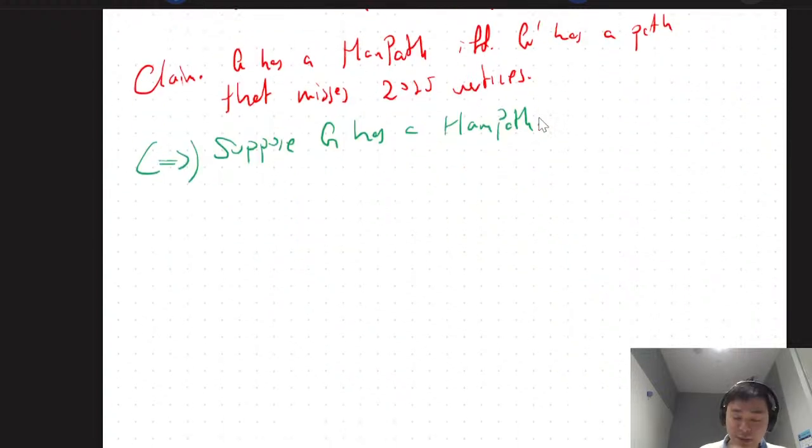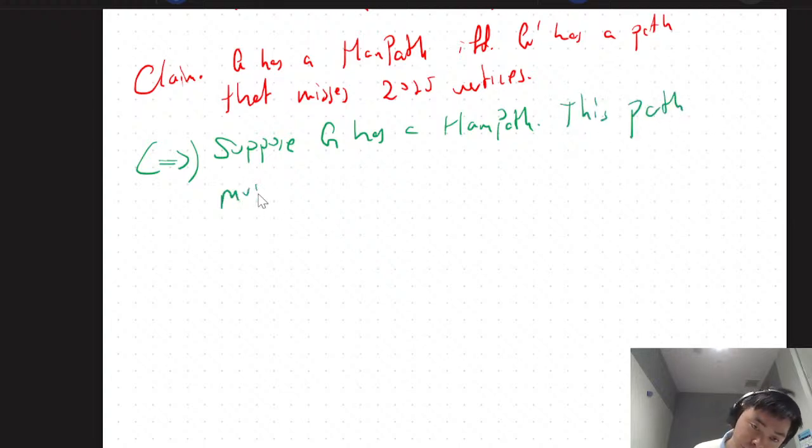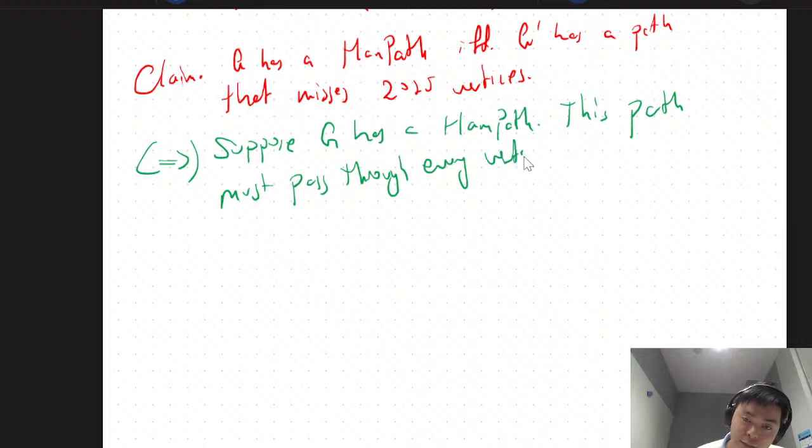In fact, I've constructed 2025 new vertices. So this path must pass through every vertex in V, but this misses the vertices V1 up until V2025.